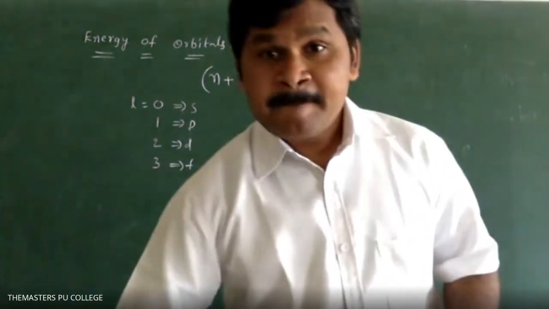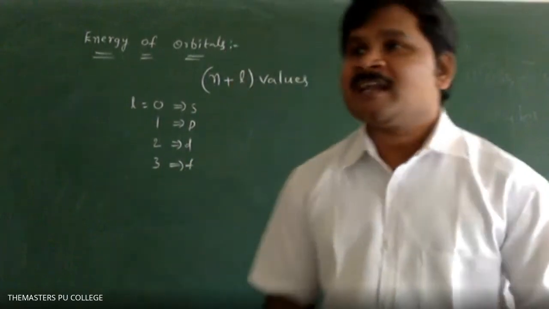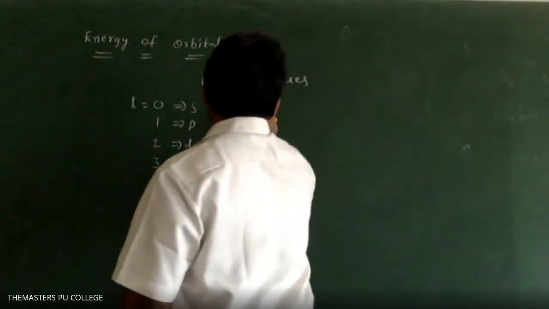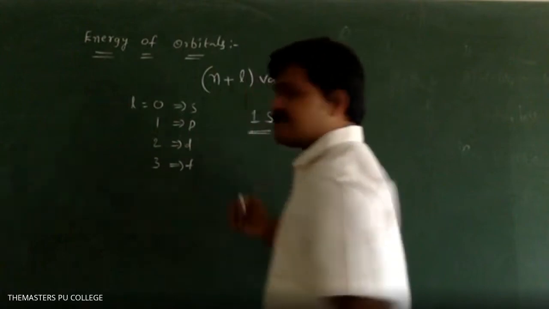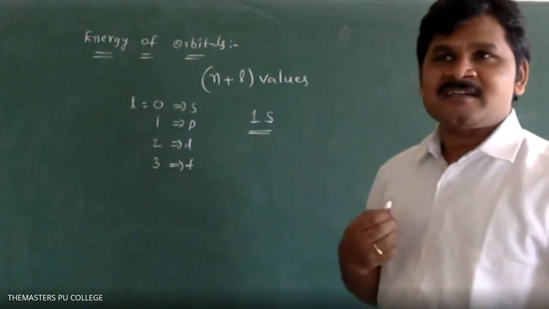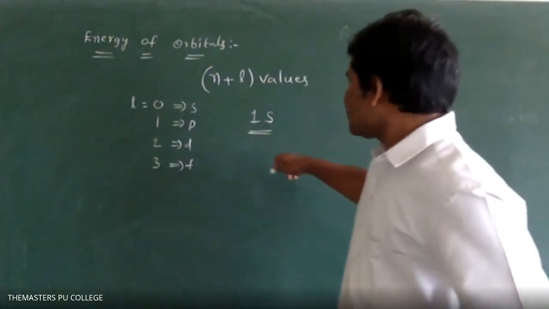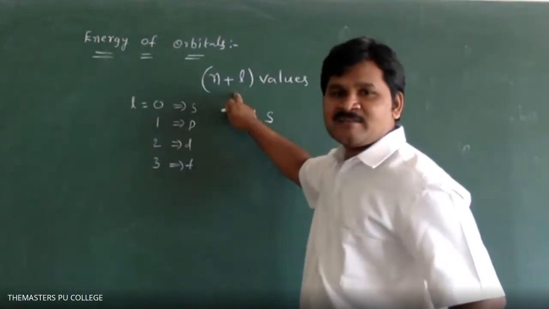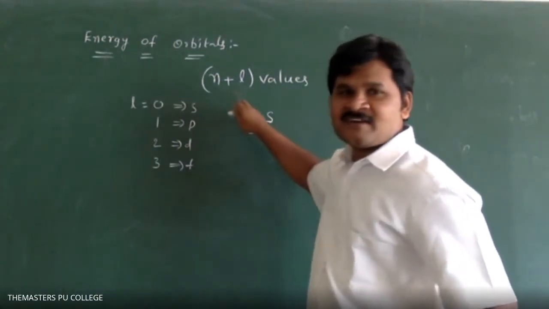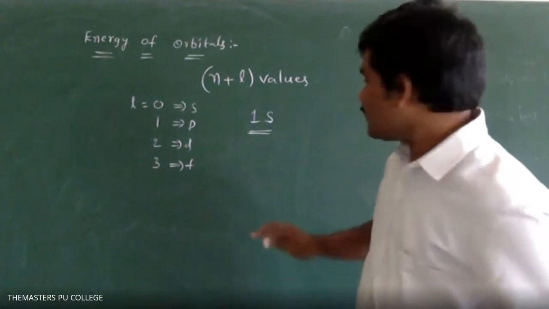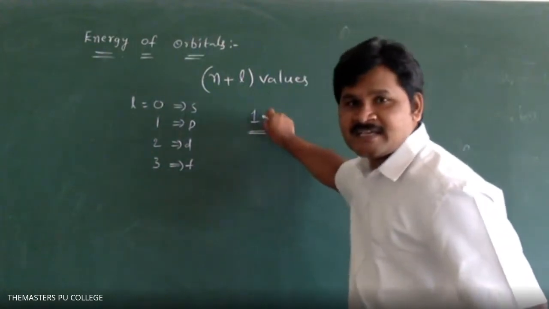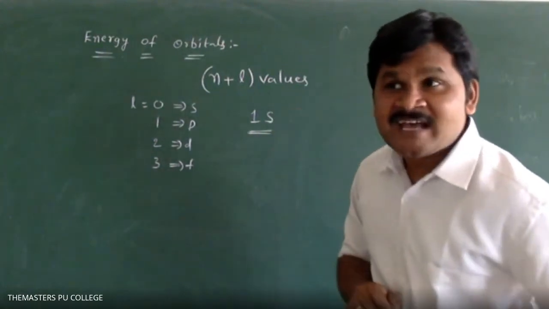Please listen. I want to calculate the energy of the 1s orbital. The formula is n plus L. In 1s, what is the n value?